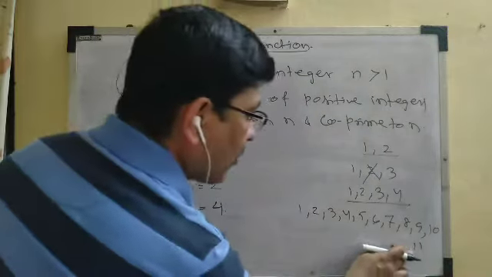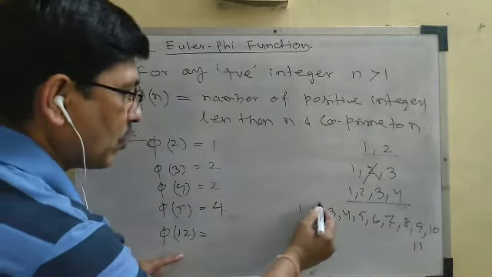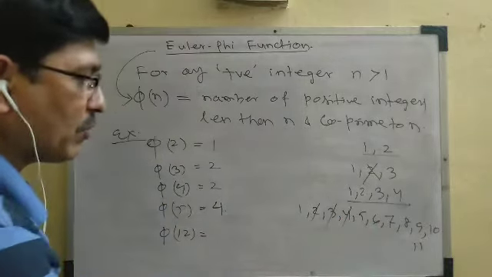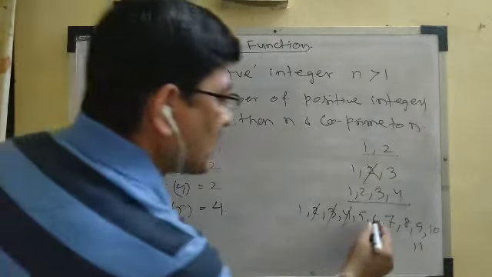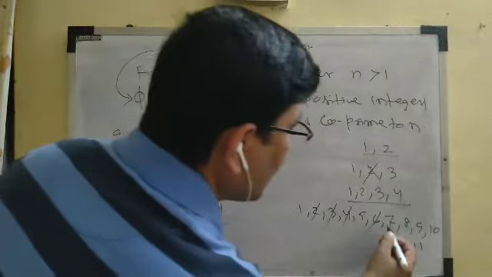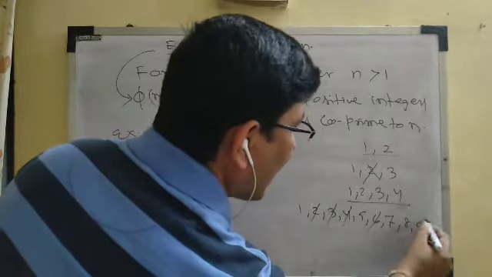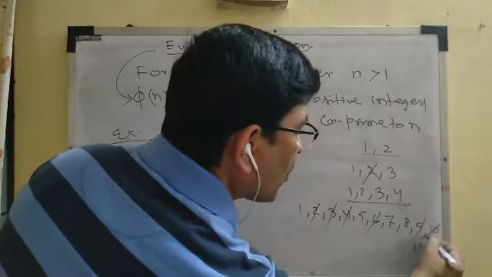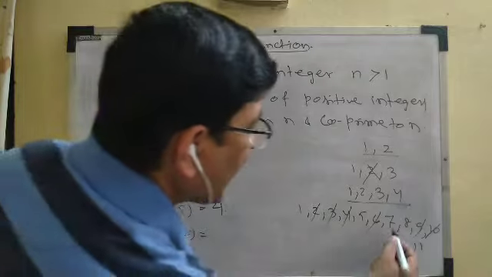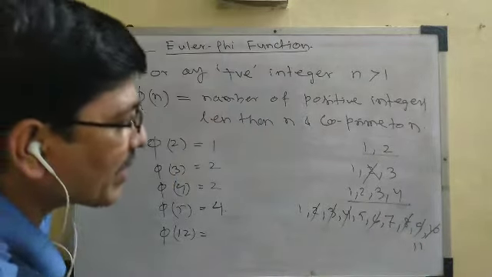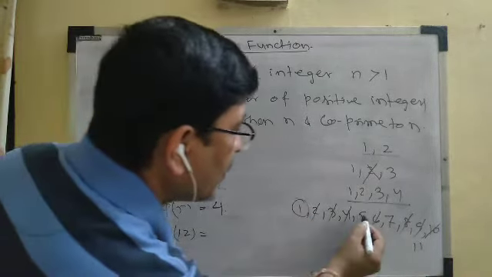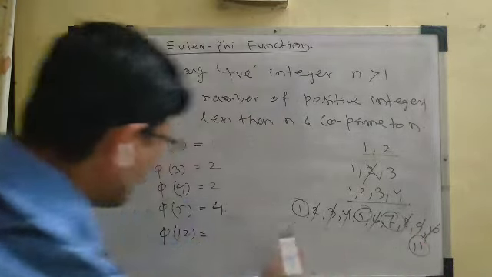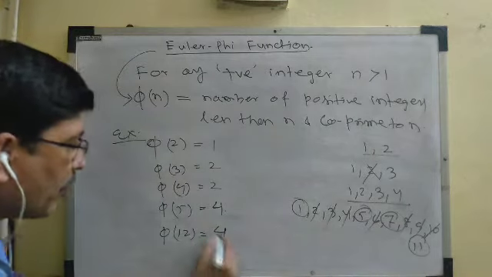Out of these, 1 is co-prime to 12, 2, 3 and 4 are not, 5 is co-prime, 6 is not, 7 is co-prime, 8, 9 and 10 are not co-prime. So how many are left? 1, 5, 7 and 11. So phi of 12 is equal to 4.